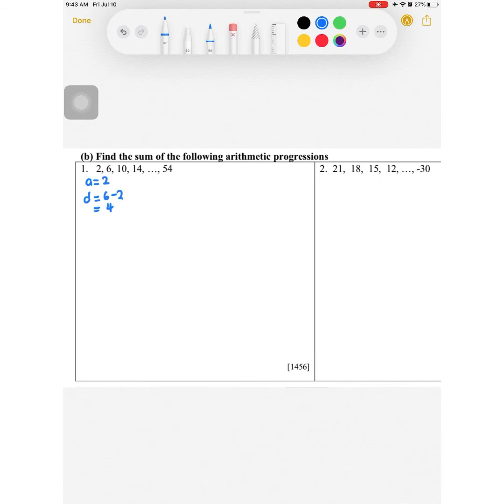You have been given the last term, which equals 54. Now kids, first things first, what you do is find n, the number of terms, first.